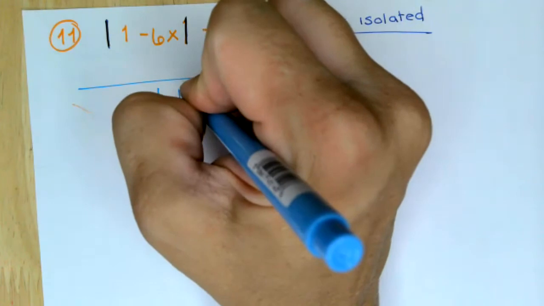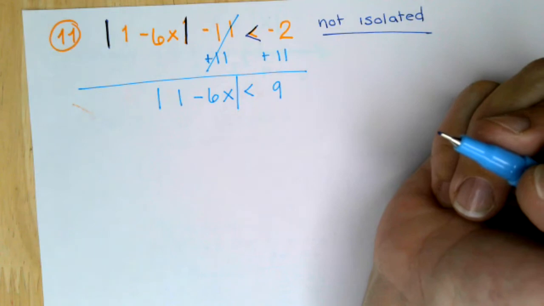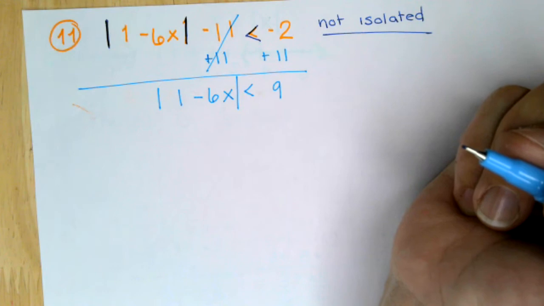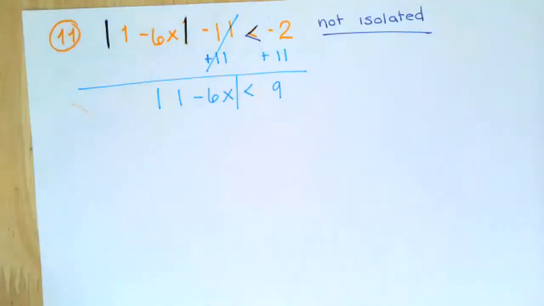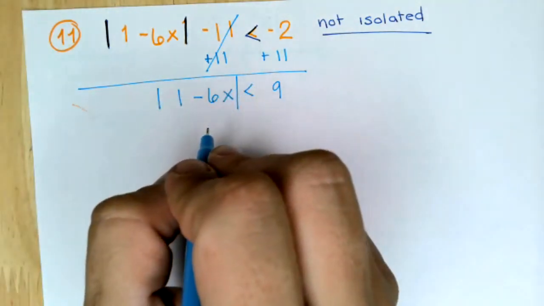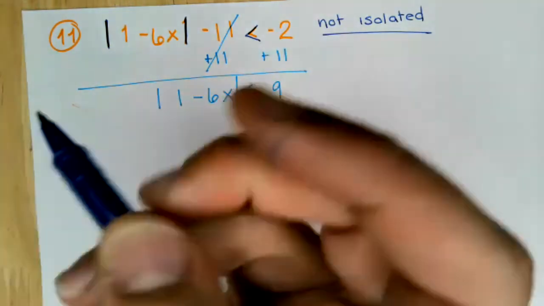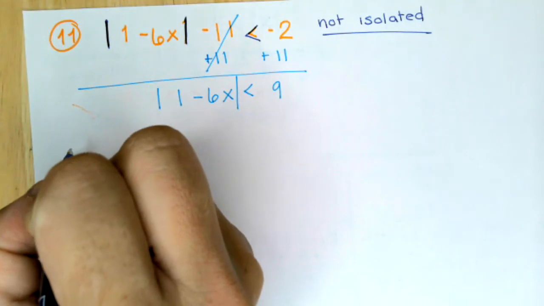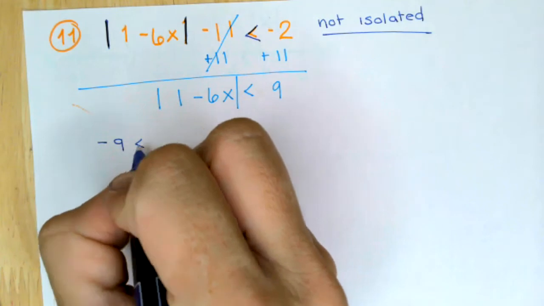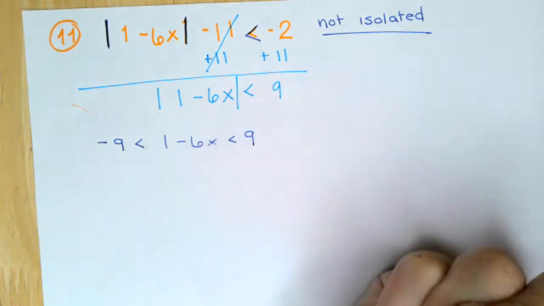And this is the absolute value of 1 minus 6x. So now I can set them as equals, and now I have -9 is less than 1 minus 6x, which is less than 9.